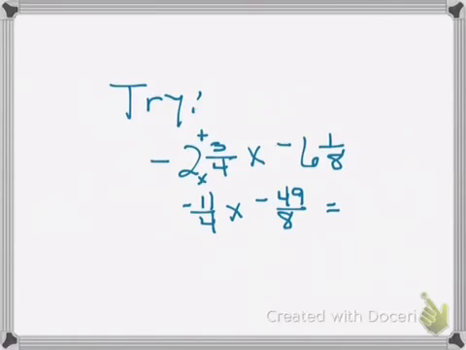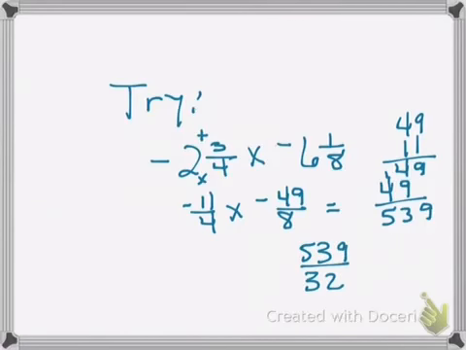Now these share nothing diagonally or vertically, so the simplification inside the problem is not going to happen. We'll have to check at the end to see if I have any factors they share. 11 times 49, if you multiply that off to the side, you'll get 539. That will be my numerator, and 4 times 8 is 32.